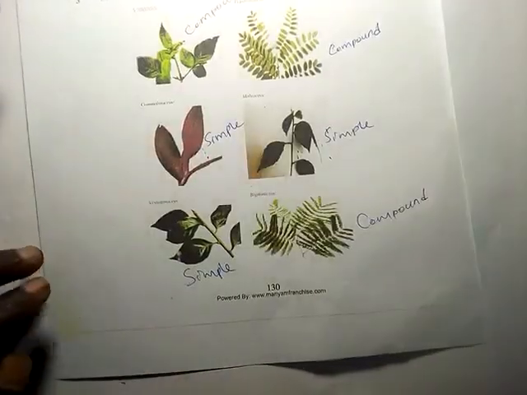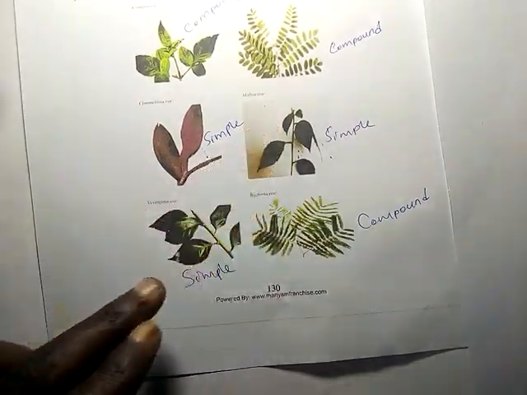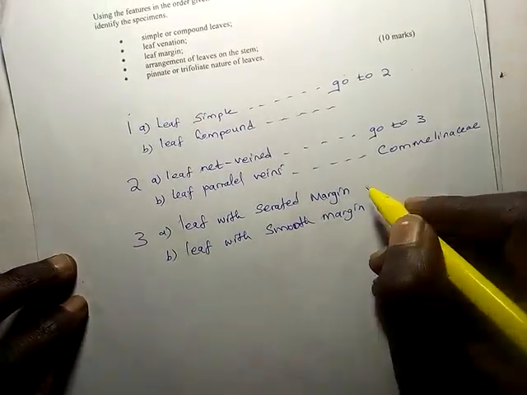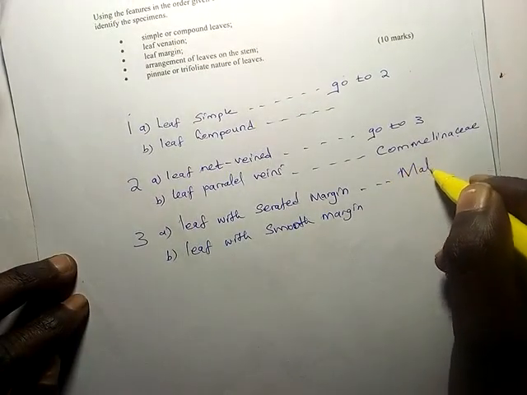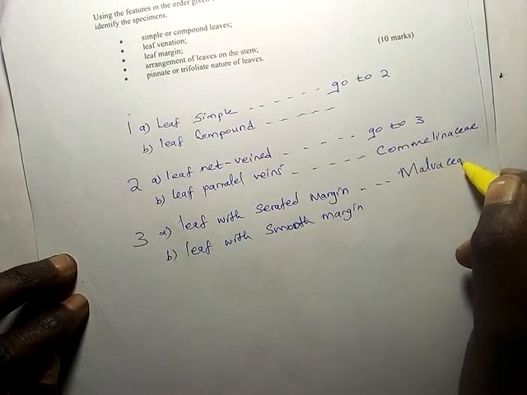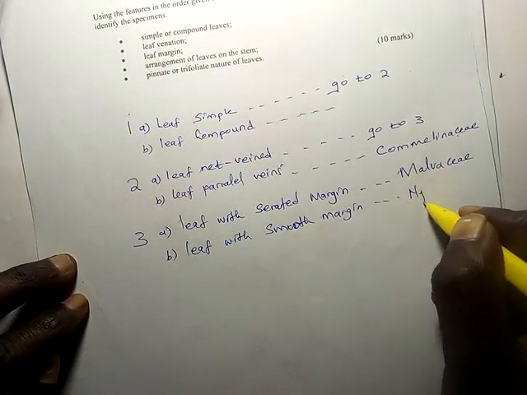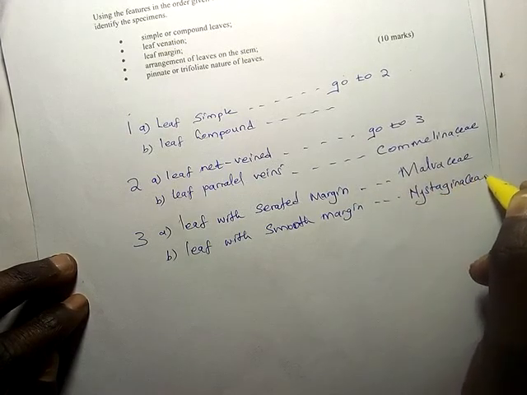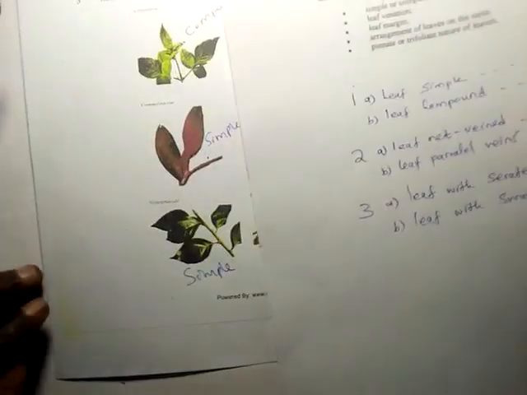Then you identify there are only 2, the Malvaceae and the Nyctaginaceae. Now you write their names. Here this is the Malvaceae, and here this is the Nyctaginaceae. Then we have finished with the simple leaf.